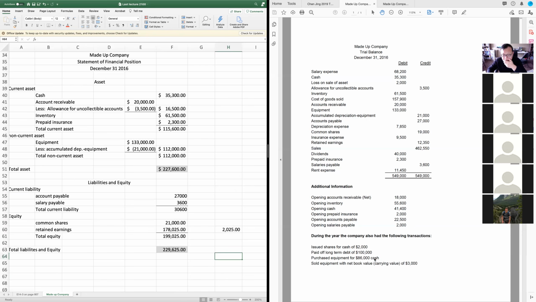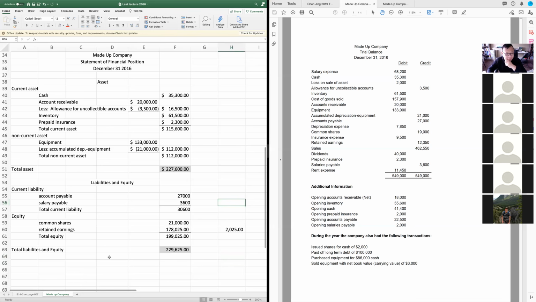So the purchase of the equipment. Pay off the long-term debt. Sold the equipment, book value. We can figure out this for the cash implications. So where did I miss?